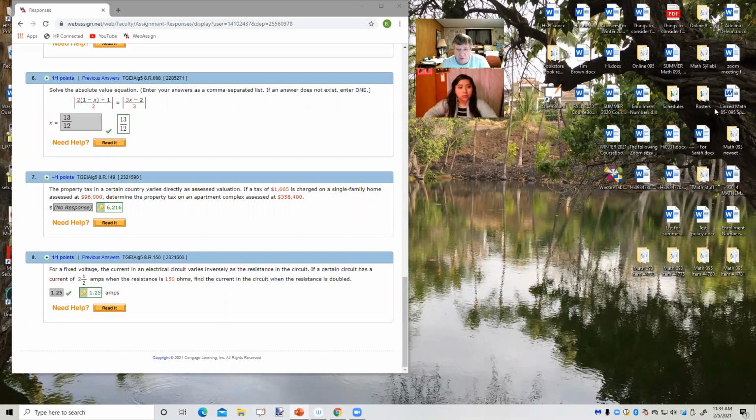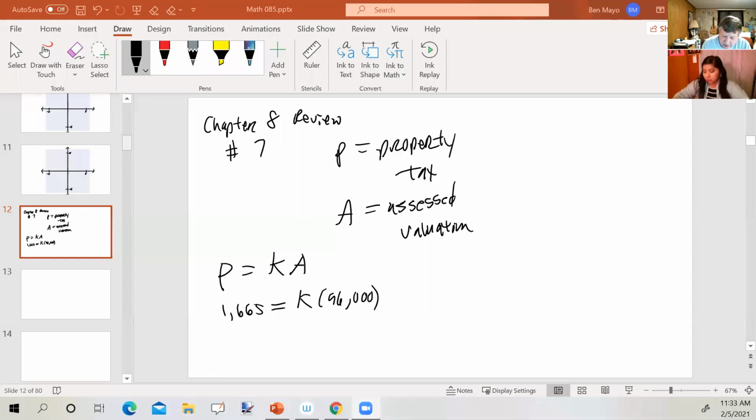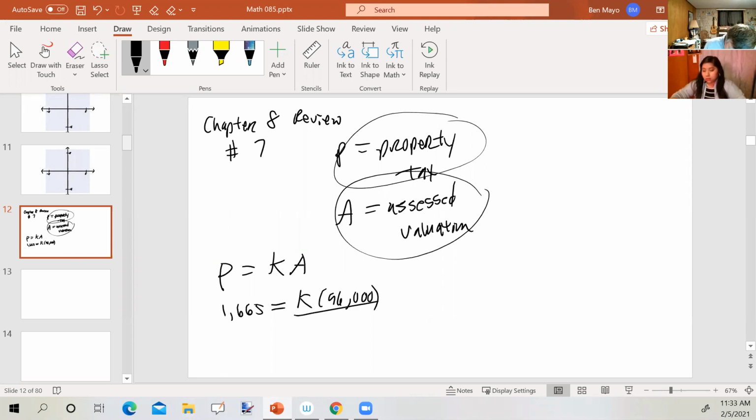All right, so let's go back to the other screen now. So again, property tax is P, assessed valuation is A, P equals KA. We're told the property tax $1,665 and the assessed valuation $96,000. If we divide both sides by $96,000, we get K equals 1,665 divided by 96,000.